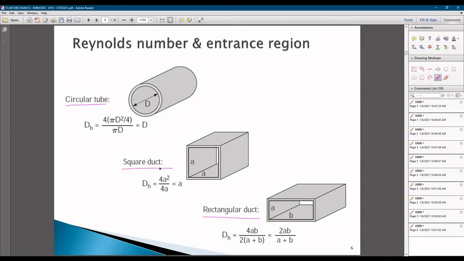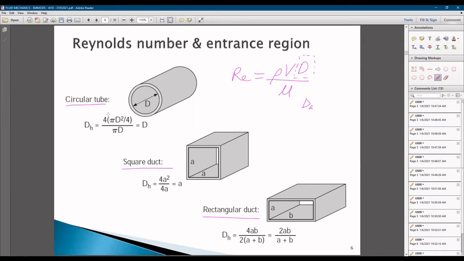It is to give you some ideas how to determine the value of this particular D, or in this case DH, the hydraulic diameter.